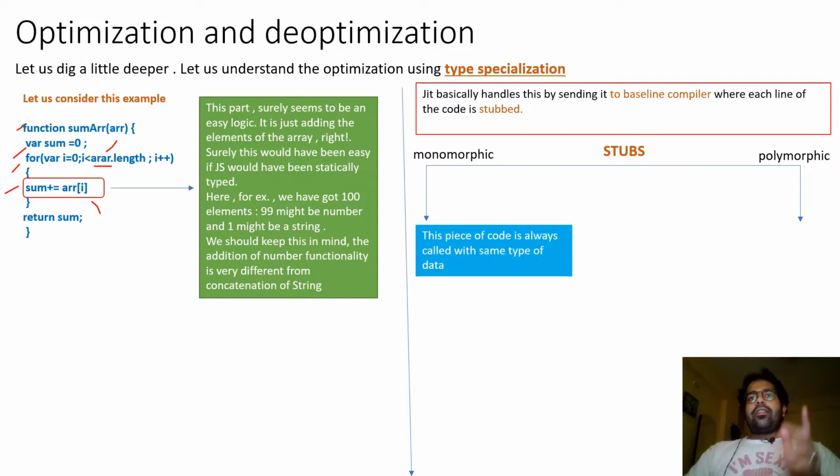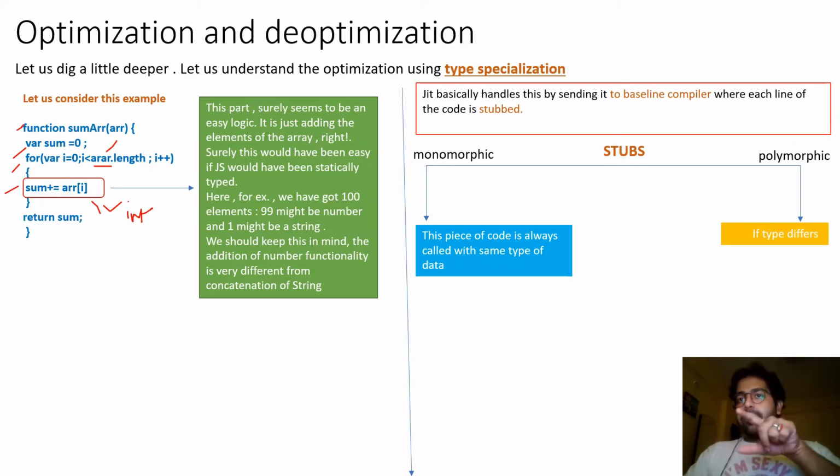A monomorphic stub is a piece of code which is always executed with the same type of variables. So if this piece of code is being executed all the time with integers, then it can be stubbed with monomorphic stubs. A polymorphic stub is something where the type differs.